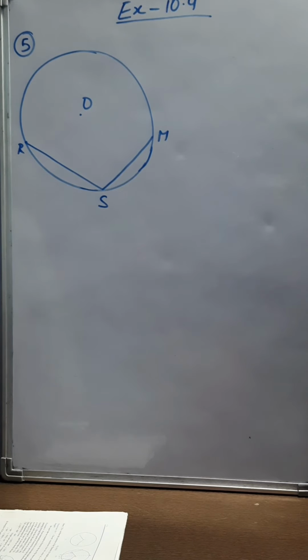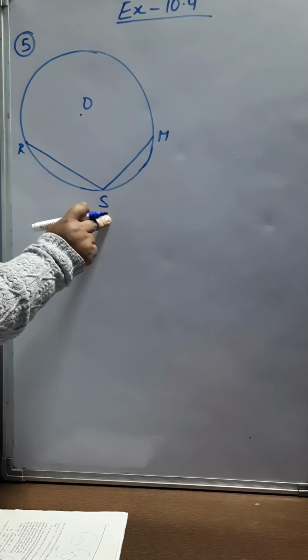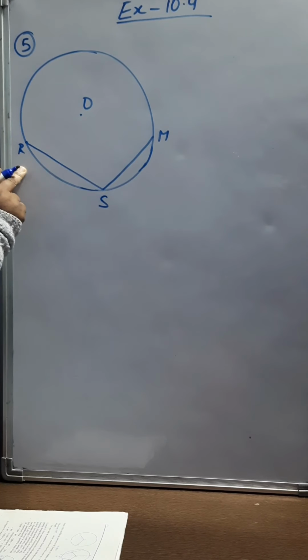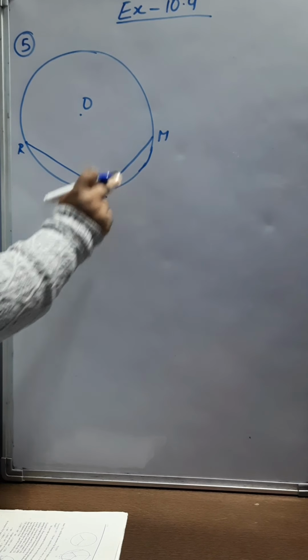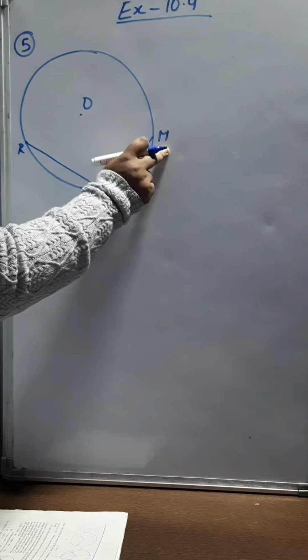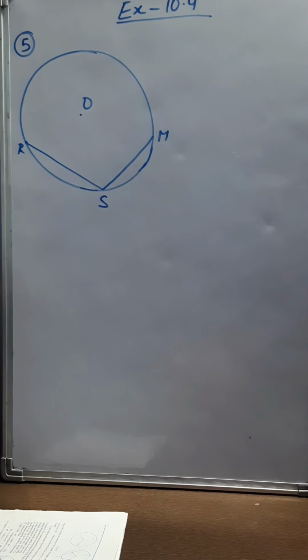If the distance between Resma and Salma and between Salma and Mandeep is 6 meter each, what is the distance between Resma and Mandeep? So you can see a circle is drawn of radius 5 meter and three girls are sitting on the boundary of the circle. Resma, Salma and Mandeep. Resma is throwing a ball to Salma, Salma is throwing the ball to Mandeep and Mandeep throws the ball to Resma again.